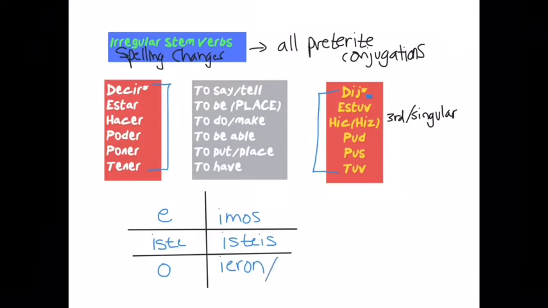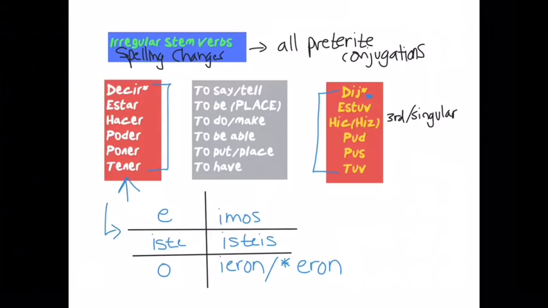Verbs with J at the end use this ending, eron, instead of ieron. Now, all of these verbs, again, use these for their conjugations, and notice there are no accent marks on any of these irregular spelling change verbs. Again, all of these verbs use these endings, so it doesn't matter which one from this initial list, they're all going to use these exact conjugation endings.